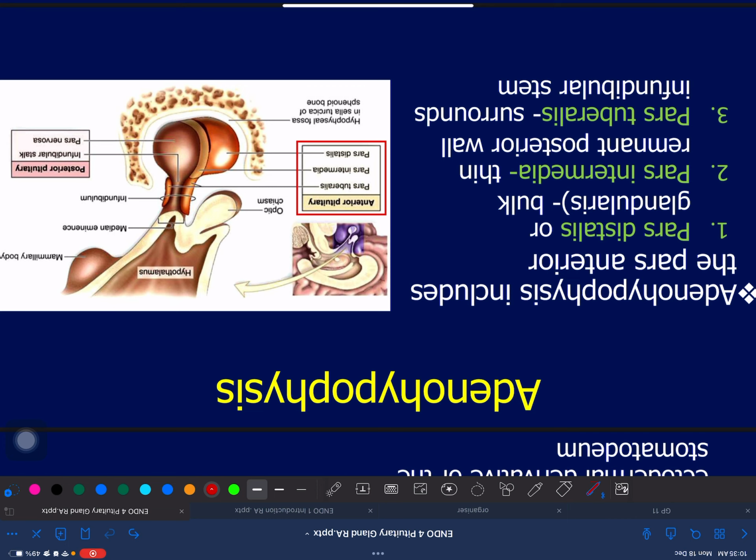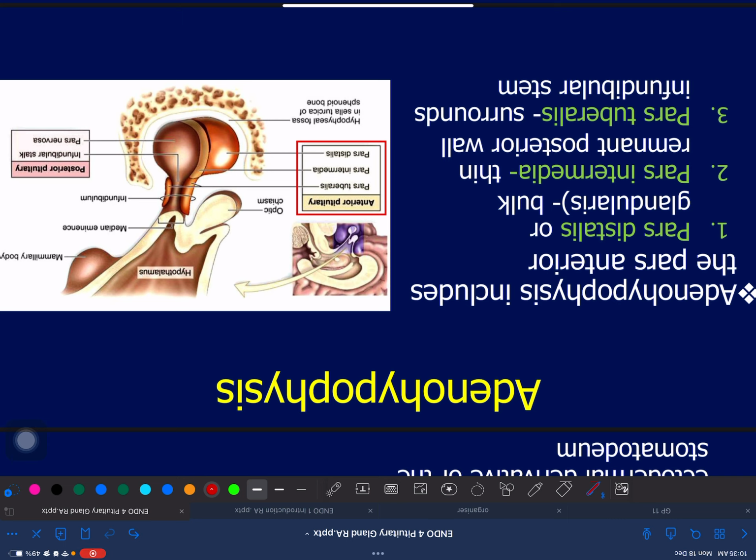It is composed of the anterior pituitary tissue. Then the pars intermedia is a small area, just a remnant of the posterior wall. And last but not least, the pars tuberalis. It surrounds the infundibular stem.